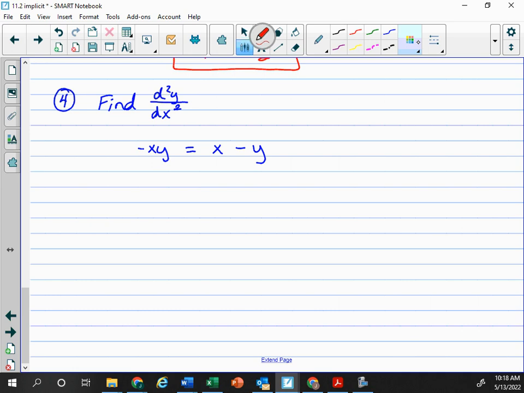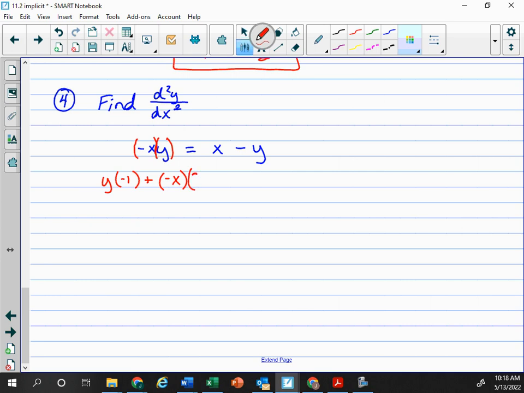You've got these two terms, negative x times y. So I'm going to say y times the derivative of negative x. What's the derivative of negative x? Negative 1. Plus negative x times the derivative of y. So what am I going to write there? 1 dy/dx.